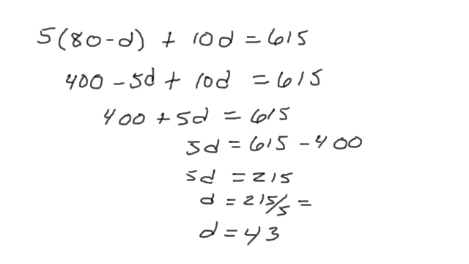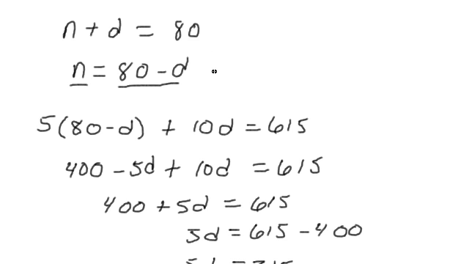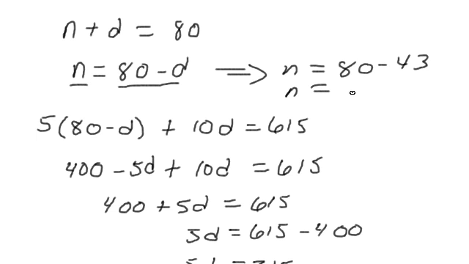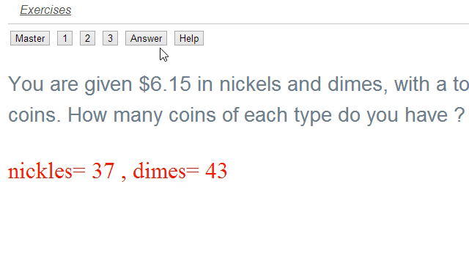Now to figure out how many nickels there are, just go up to this equation: n is equal to 80 minus 43, and the number of nickels is 37. And that's what we got: 43 dimes and 37 nickels.